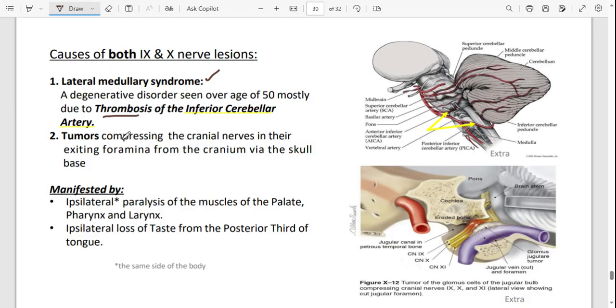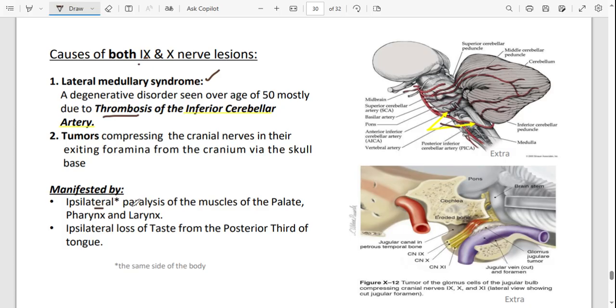And that can end up compressing all these nerves. So that's the lateral medullary syndrome. Inferior cerebellar artery, this one that has been pointed there. And then you also have tumors that can compress this cranial nerve, and so it can end up causing compression of both 9 and 10.